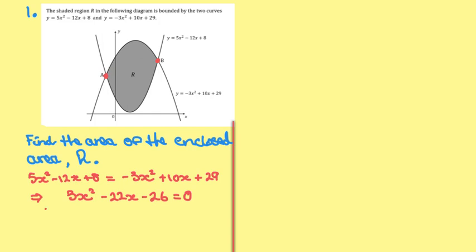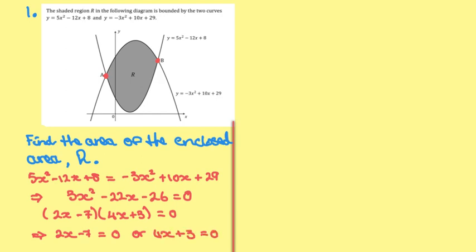If we solve that by factorizing, we get 2x minus 7, 4x plus 3 is equal to 0. Therefore, 2x minus 7 is equal to 0, or 4x plus 3 is equal to 0. Therefore, x is equal to minus 3 over 4, or x is equal to 7 over 2.